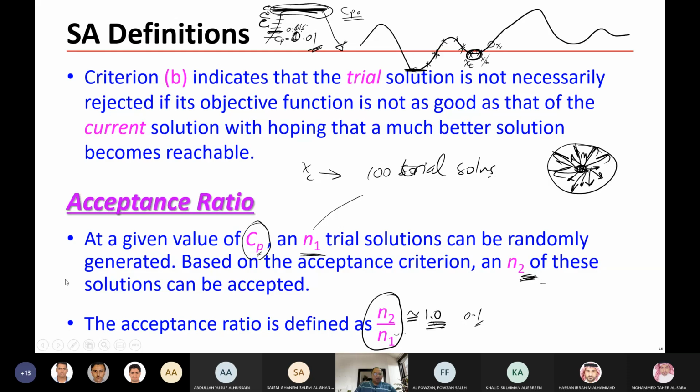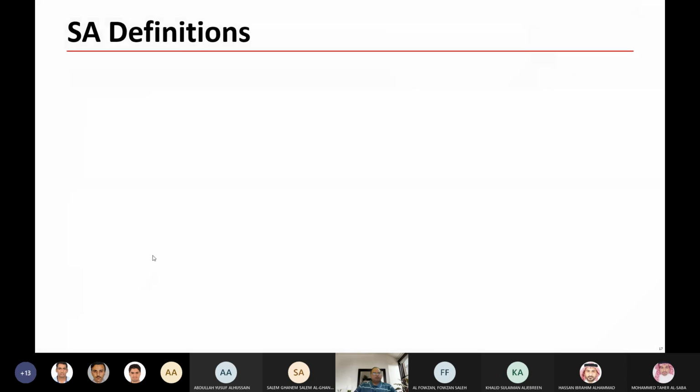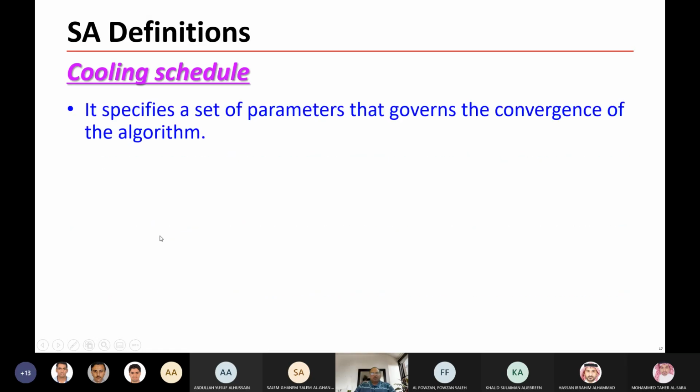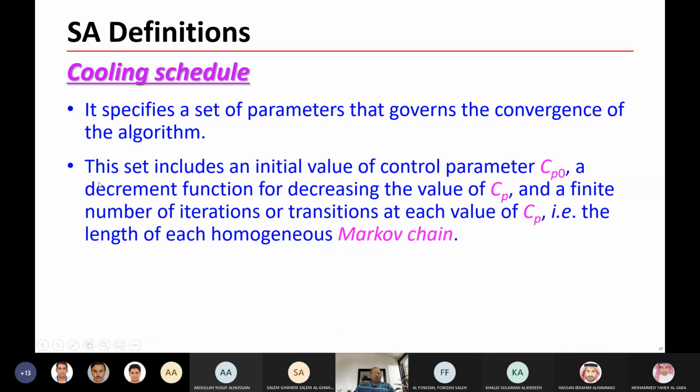So this is the usage of the acceptance ratio in the algorithm. And then you have cooling down. You can cool down the control parameter or the temperature. The cooling schedule specifies a set of parameters that govern its convergence.